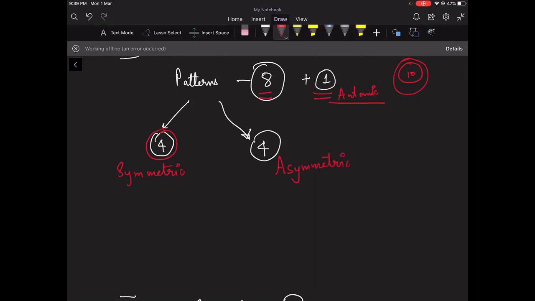Symmetric means the patient is involved in both upper limb and lower limb, or bilateral lower limb, or bilateral upper limb also. So this is the terminology of symmetry.